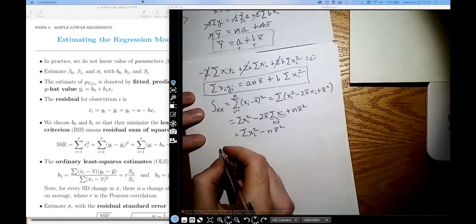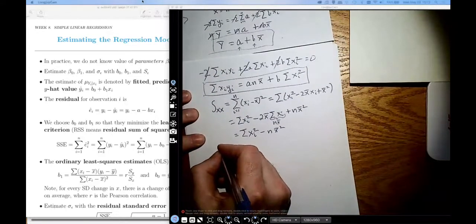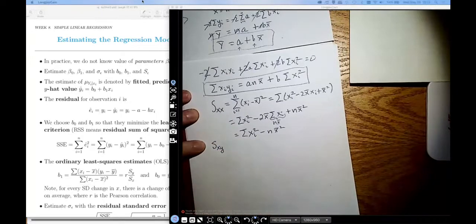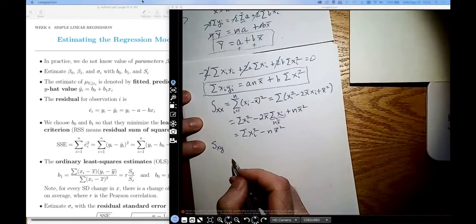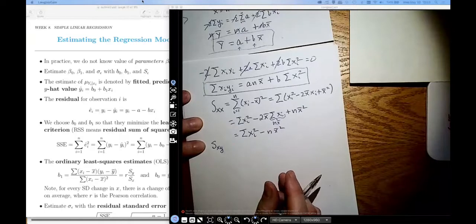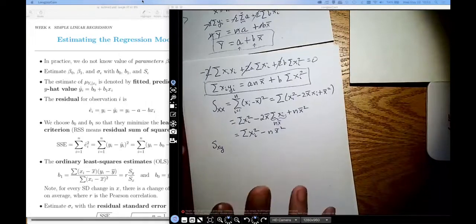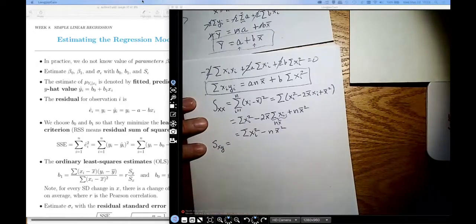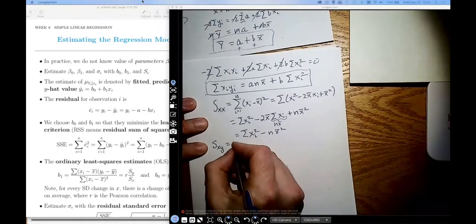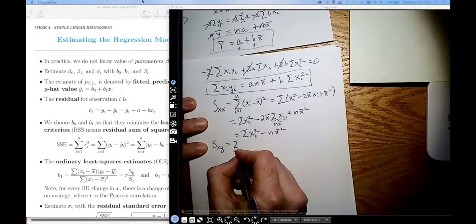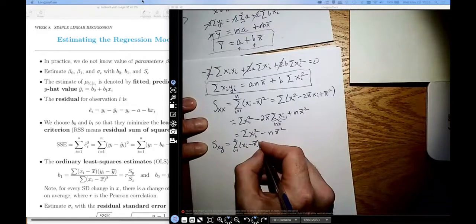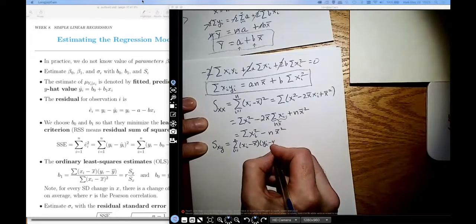I'm going to define another new symbol that we're going to use to simplify our algebra. Now, if your head is already spinning from all these equations, you're going to love the matrix approach, because all of this just gets stored in a matrix, and your life is much easier. So what is this thing, Sxy? Well, this is going to be the sum, i equals 1 to n, of xi minus x bar times yi minus y bar.